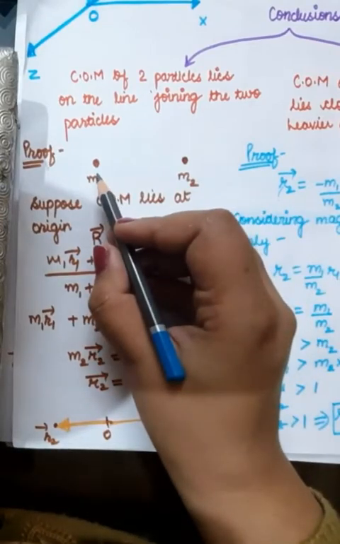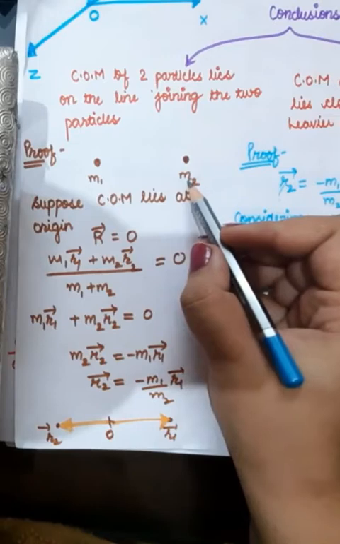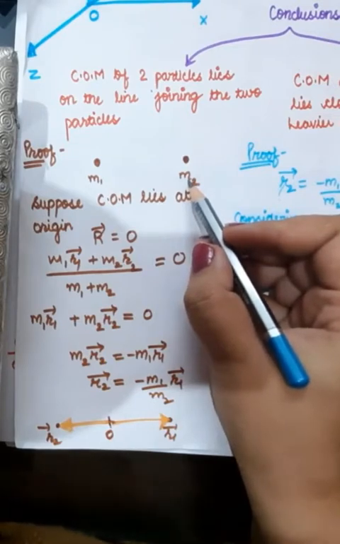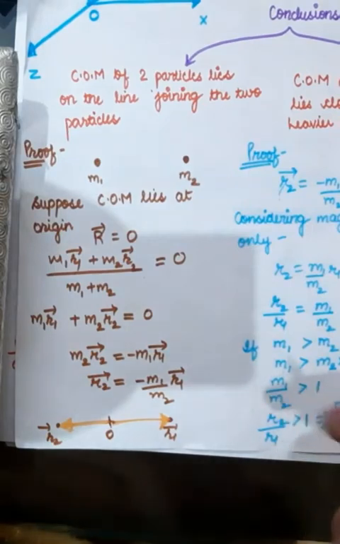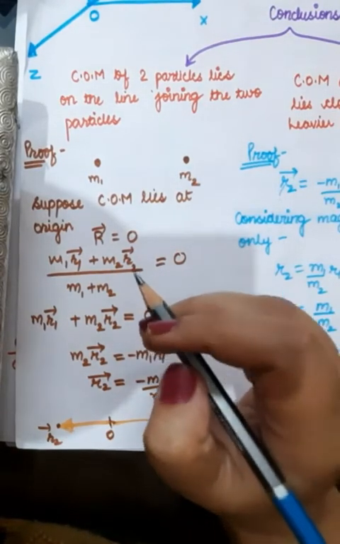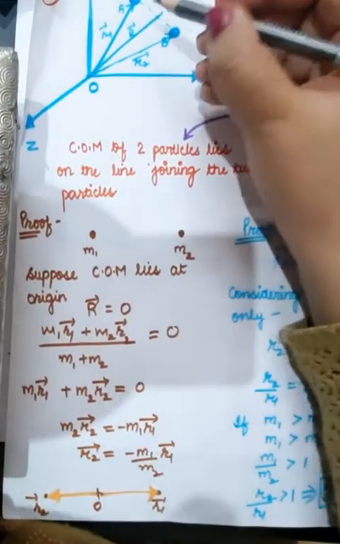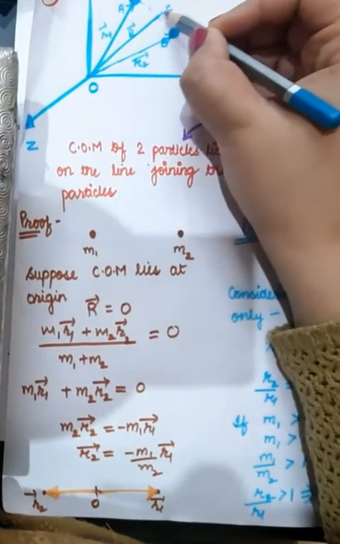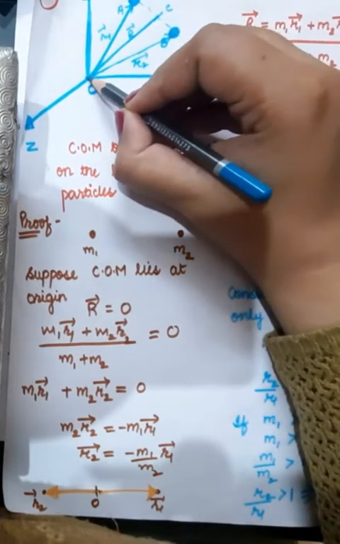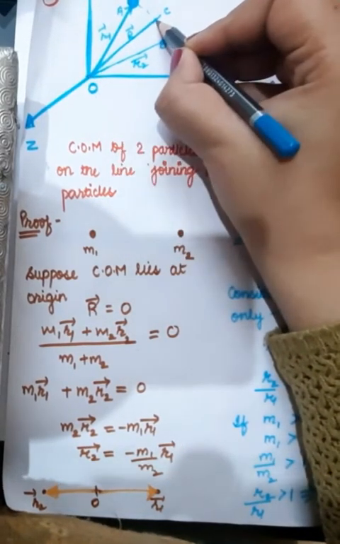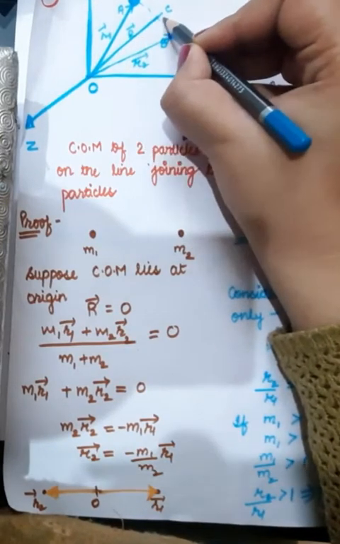Suppose this is particle 1 having mass m1. Suppose this is particle 2 having mass m2, right? So if you suppose that center of mass lies at the origin, you can see here, this is the center of mass C. If this center of mass is shifted to the origin, like this is considered as the origin, then R vector will have the value 0.